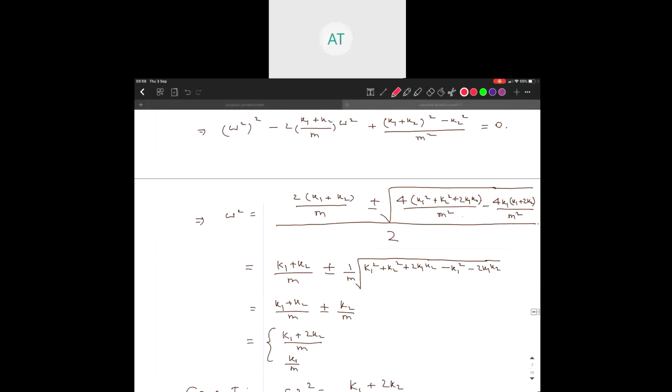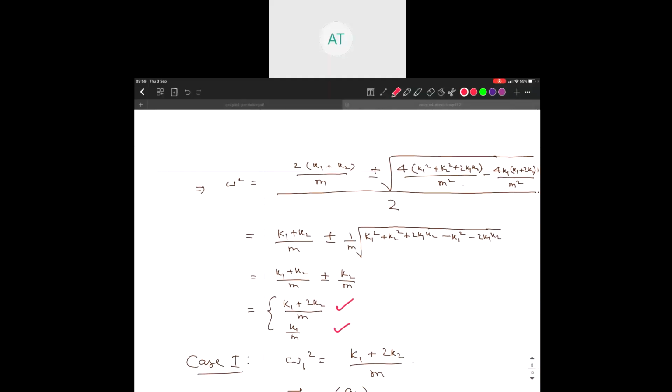So we can have one frequency which is a higher frequency, and the other which is a lower frequency.